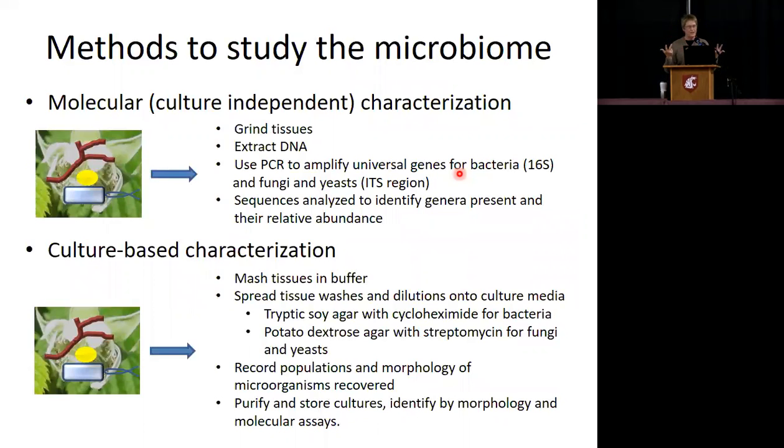Then we use PCR to amplify universal genes for bacteria, called 16S if you've heard of that, and for fungi and yeast, the ITS region. Then we analyze the sequence and identify the genera of the microorganisms present and their relative abundance. The advantage of this system is that you can detect all DNA from all the organisms that were present on these tissues in one fell swoop.